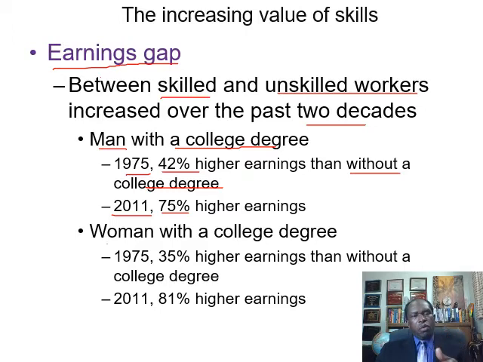On the other hand, a woman with a college degree in 1975 earned 35% more than a woman without a college degree. This gap increased in 2011 to 81%. So you can see that the gap has been widening between skilled workers, the ones with a college degree, and unskilled workers, the ones without a college degree in the US.